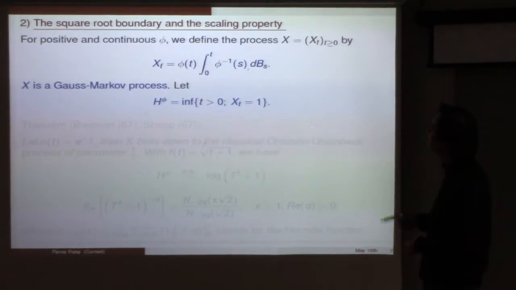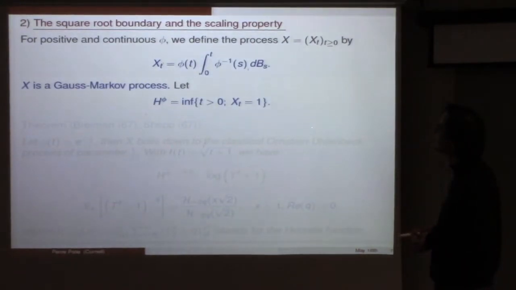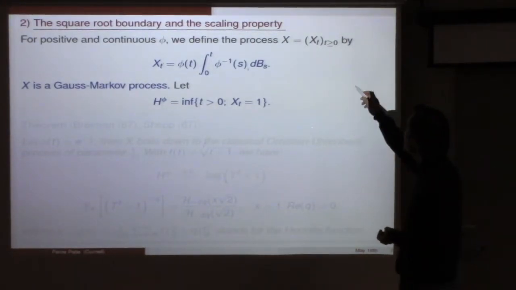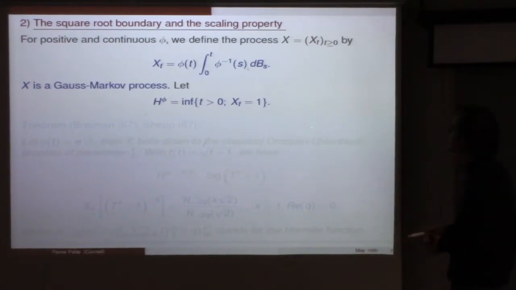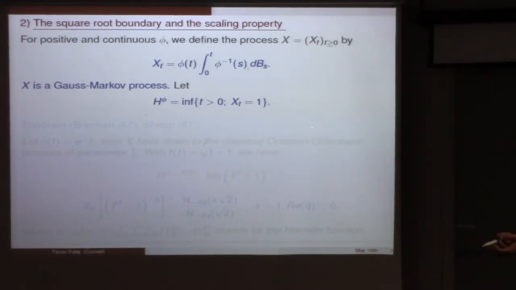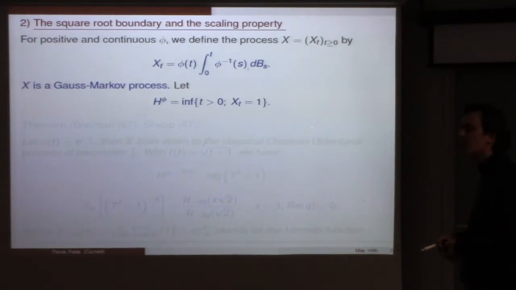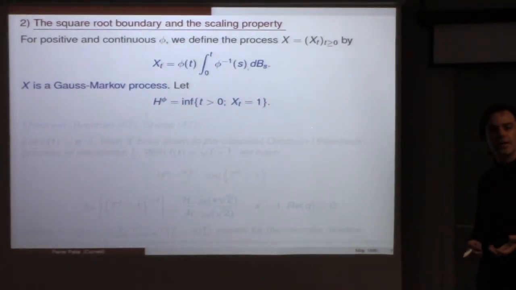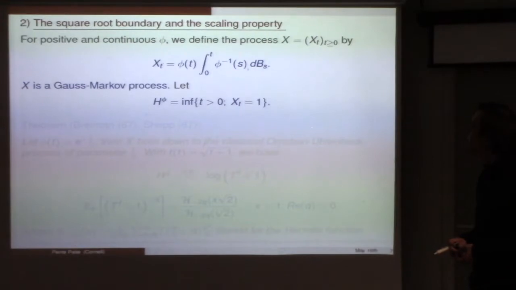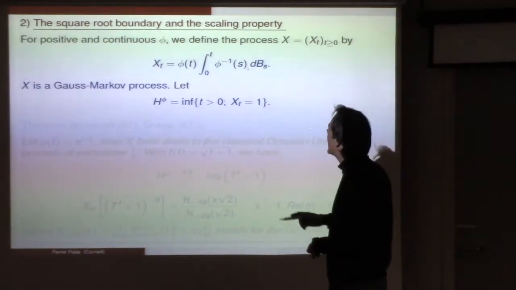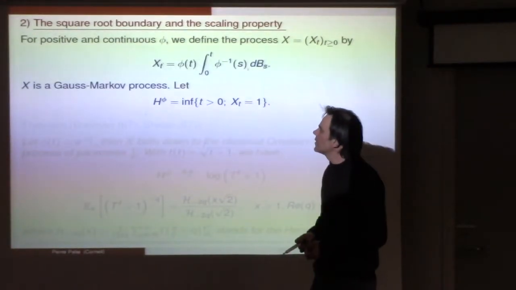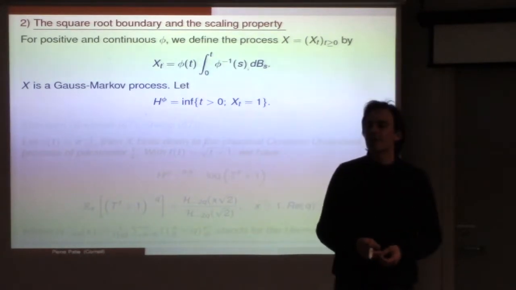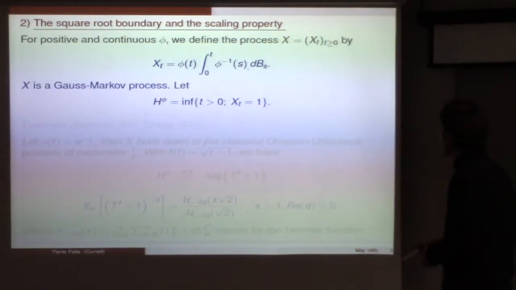We have a positive and continuous function phi, and then we define x in such a way that x_t is phi(t) times the integral with respect to the Brownian motion of 1 over phi. That's a Markov process, which at any time t has a Gaussian distribution. So it's a Gauss-Markov process.